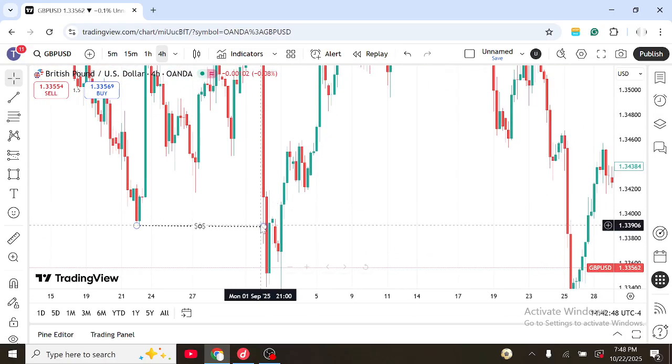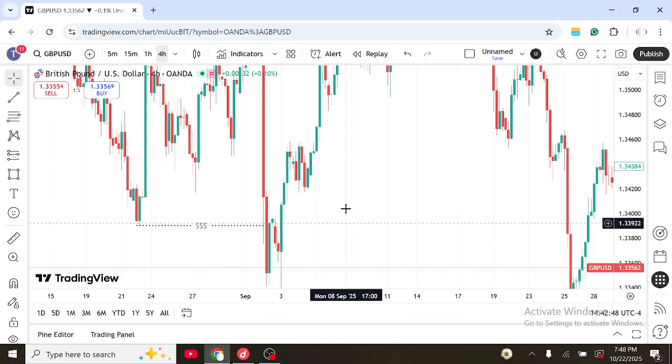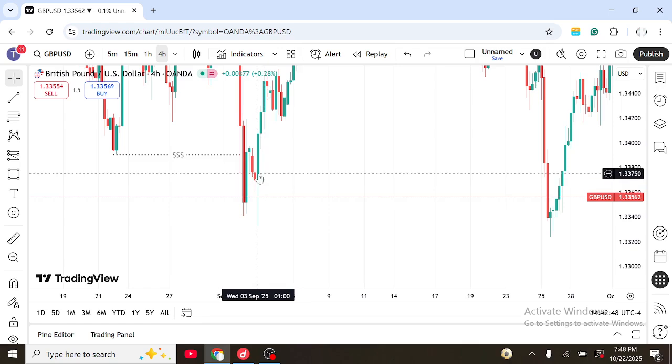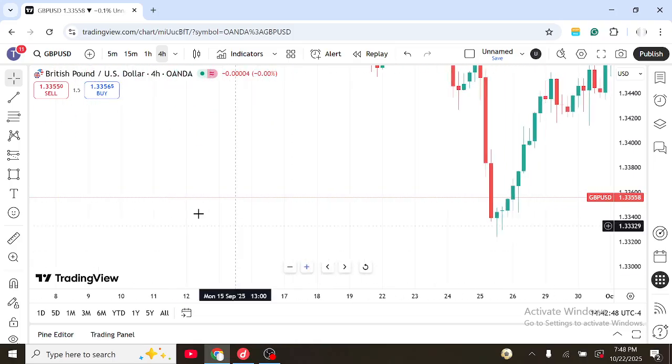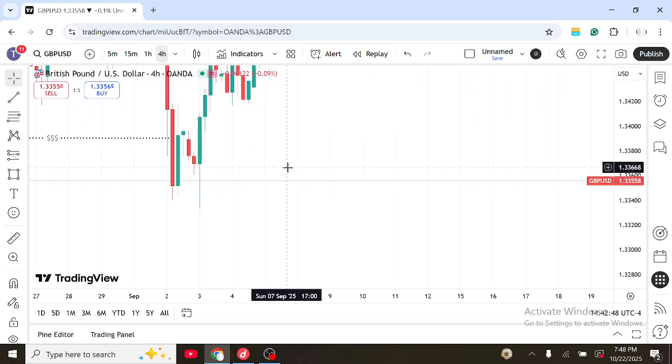All right, so around this liquidity sweep, you will see that we have this candle here, this order block, but this order block was mitigated by this candle. You can see it closed below the low of the order block.